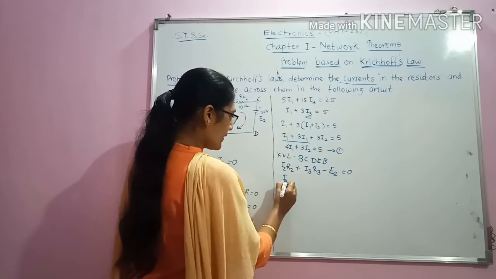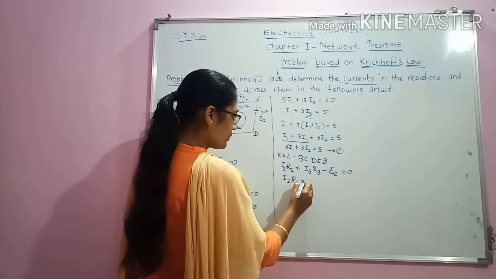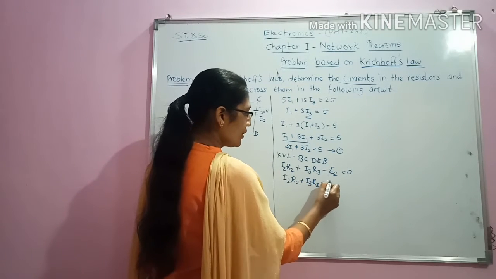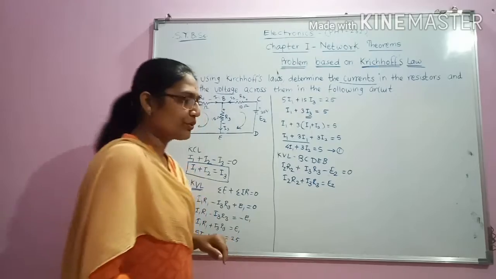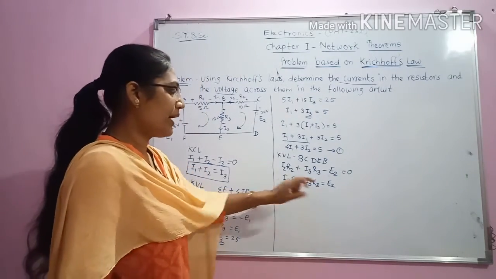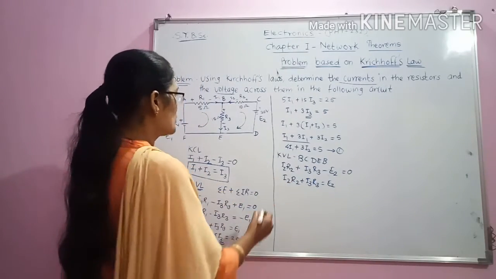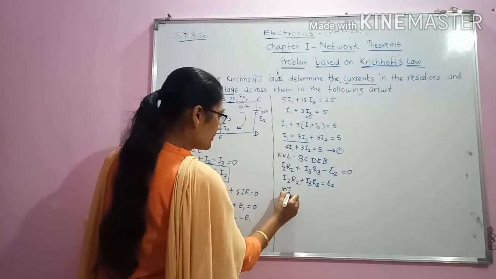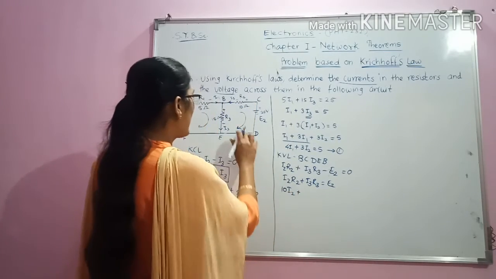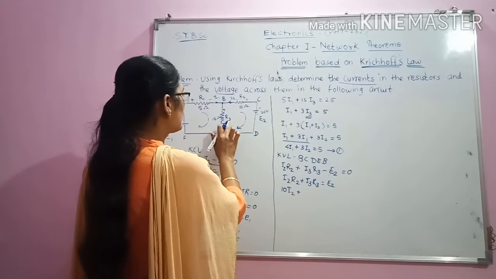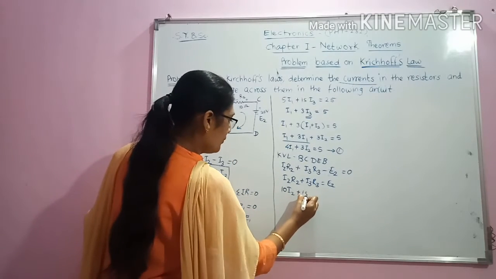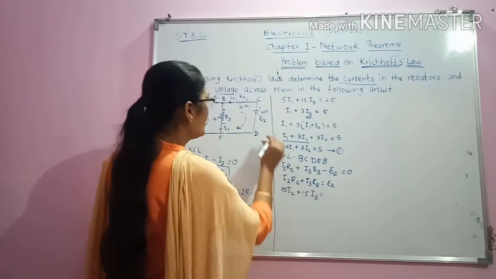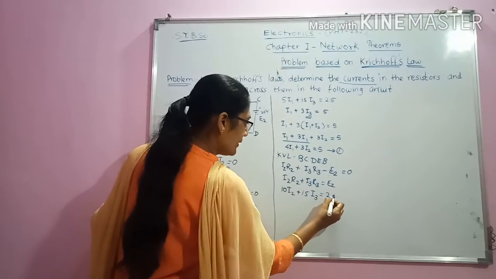So we will obtain the equation I2 R2 plus I3 R3 is equal to E2. Now we will substitute the values of R2 and R3. R2 value is 10, so 10 of I2 plus R3 value is 15, 15 of I3 is equal to E2 value, which is 20.